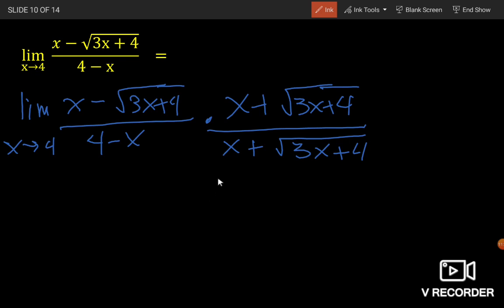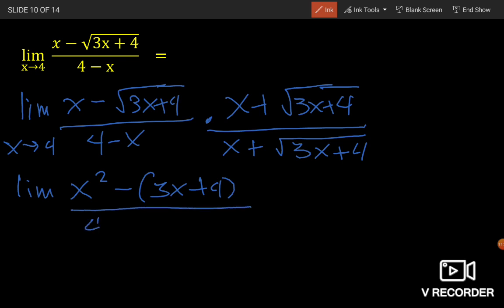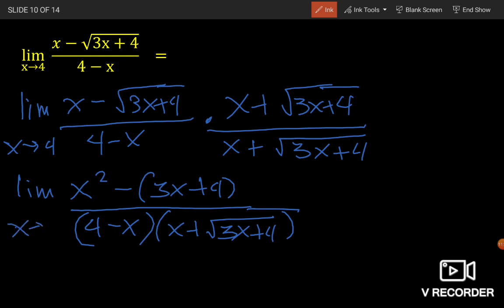So here, this can now be expressed as the limit of, we take the square of this, which is x squared, minus the square of this, which is 3x plus 4, divided by 4 minus x multiplied by x plus square root of 3x plus 4, as x approaches 4.